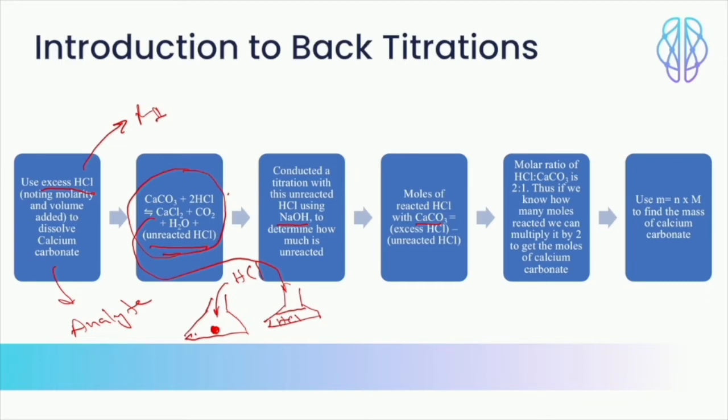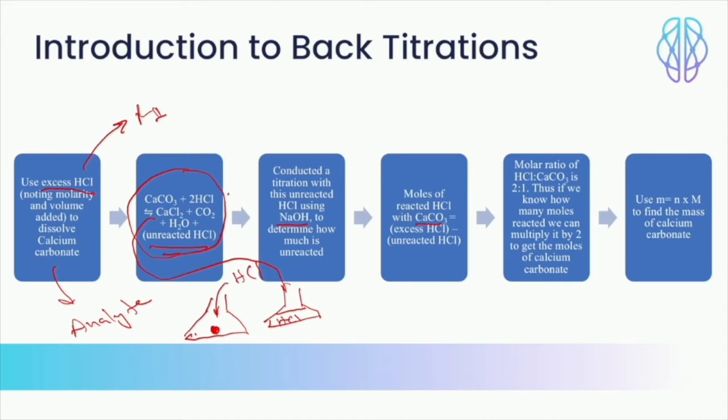And that kind of makes sense. So if I just dump a bunch, and some of it reacts, and some of it is left over, by finding what's left over and minusing it from what I originally added, I can find what reacted.